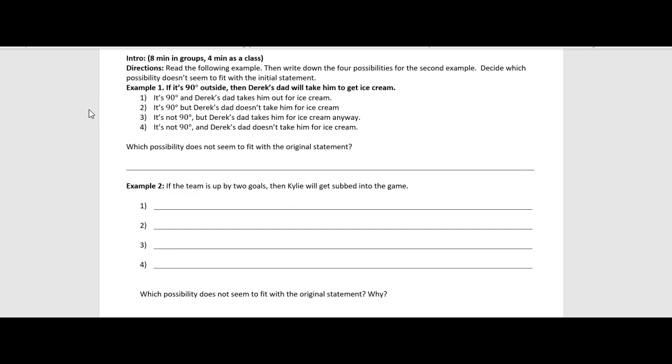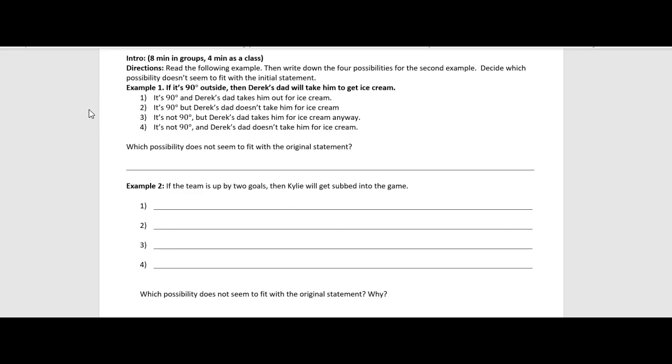Number 1 says, it's 90 degrees and Derek's dad takes him out for ice cream. Number 2, it's 90 degrees, but Derek's dad does not take him out for ice cream. Number 3, it's not 90 degrees, but Derek's dad takes him for ice cream anyway. And number 4, it's not 90 degrees, and Derek's dad does not take him for ice cream.